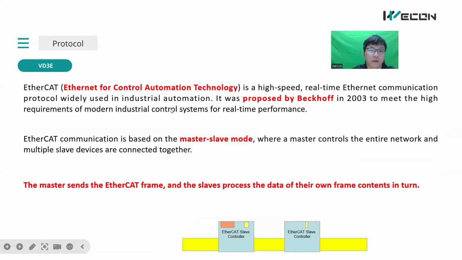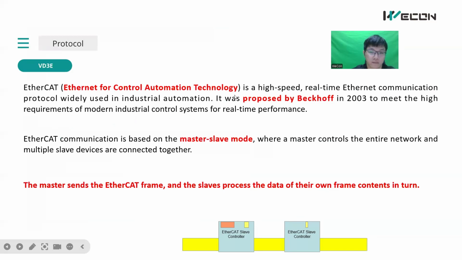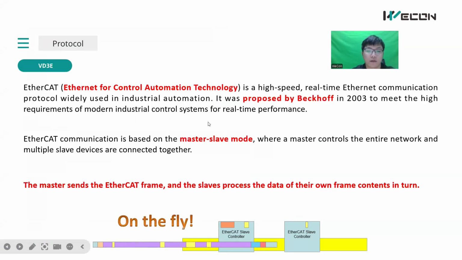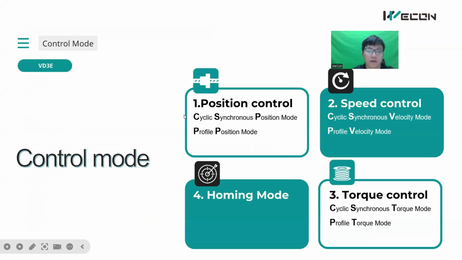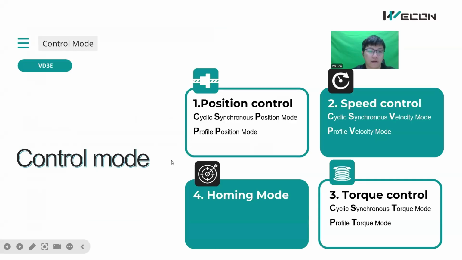Okay, so this is some basic content about EtherCAT communication: how this protocol came about, the master and slave modes, how the frame is transferred between master and slave, how the data is transferred between master and slave, and also some control modes in EtherCAT.